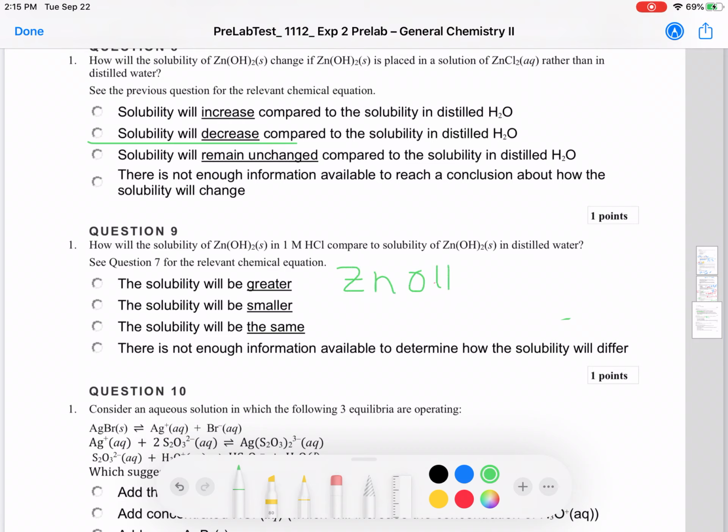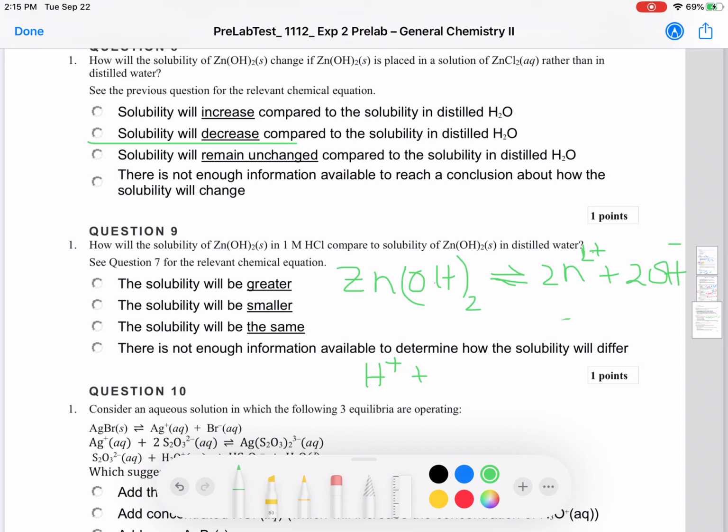Now we have zinc hydroxide again. It's going to dissociate to give you zinc ion 2 plus and 2 hydroxide ions. And you add hydrochloric acid, H plus. Hydrochloric acid is a strong electrolyte, gives you H plus and Cl minus.